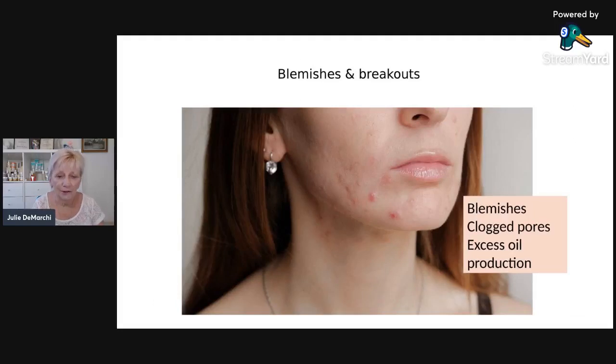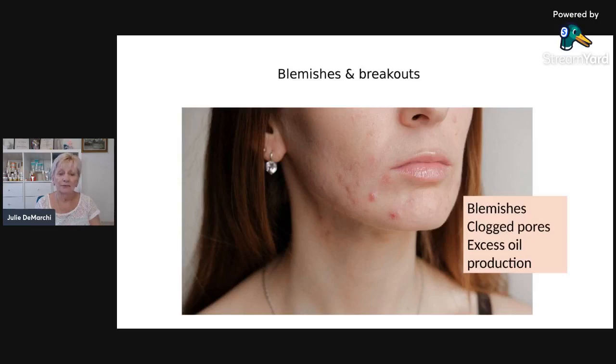So the next one I want to talk about is blemishes and breakouts. Now, any age can have blemished skin, but generally it's in the teens and early 20s where the hormones are a little bit crazy, and you're prone to pimples and breakouts.